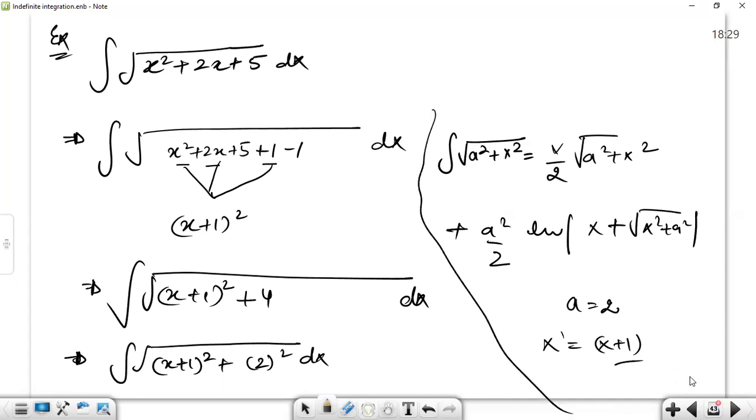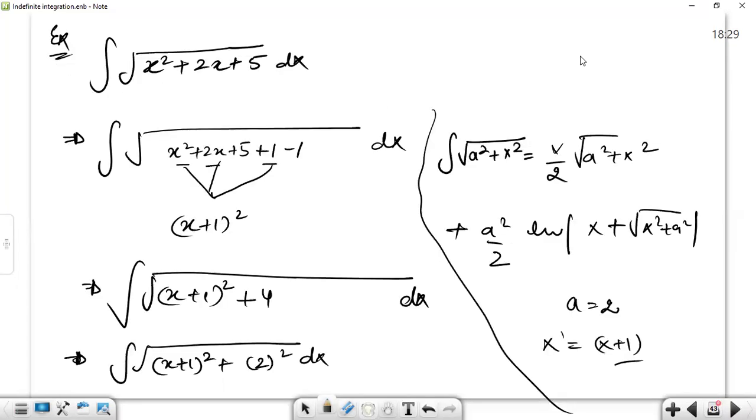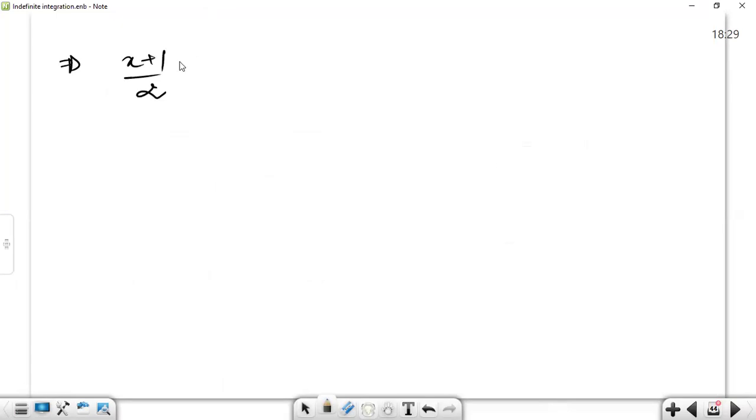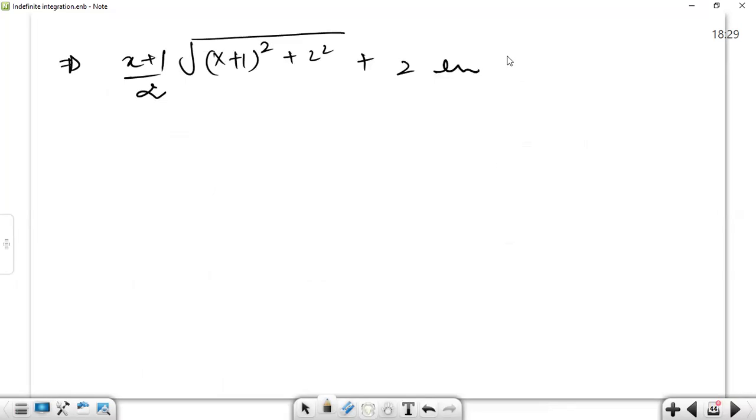So just to understand, x by 2, which was (x plus 1) by 2, into the square root of (x plus 1) whole square plus 2 whole square, plus a square by 2, which is 4 by 2, which is 2, into logarithm of x.